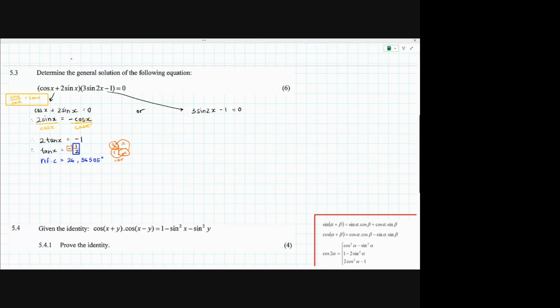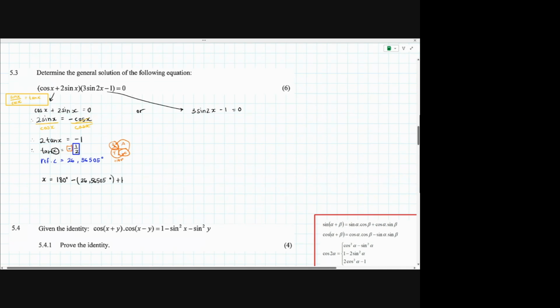Okay, so I'm going to do just the quadrant 2 solution and combine everything. So what we now do is we take the angle we're trying to solve for, in this case it's just x, is equal to, and now we apply our reduction. In quadrant 2, it is 180 minus my reference angle, 26.56505, and so on.